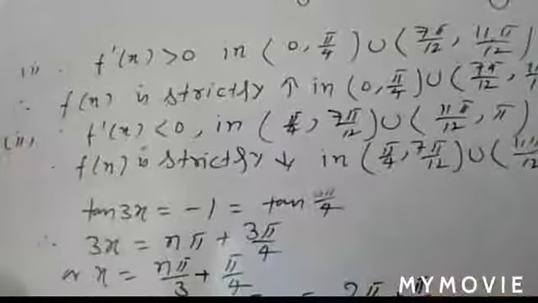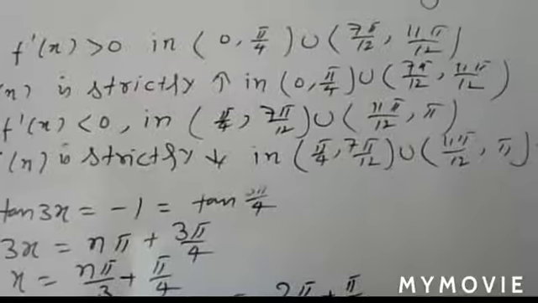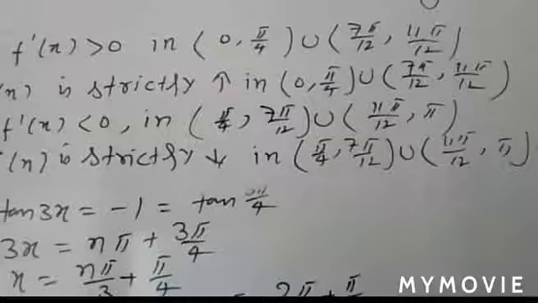So in these intervals your function is strictly decreasing. That question was asked in 2016. I think all of you are comfortable finding the intervals in which a function is strictly increasing or strictly decreasing. Everyone comfortable with this type of question?